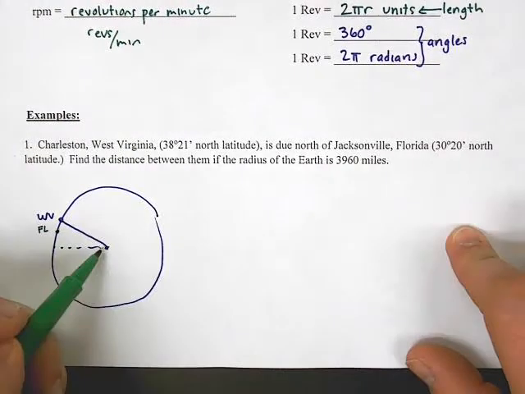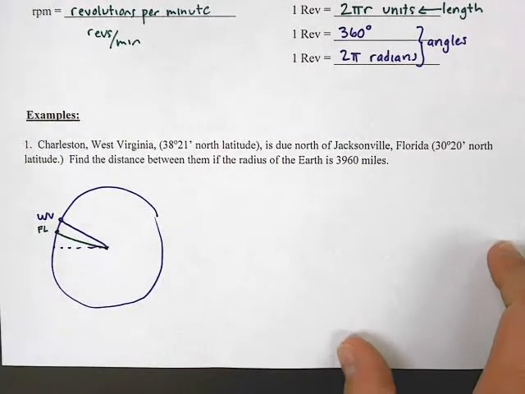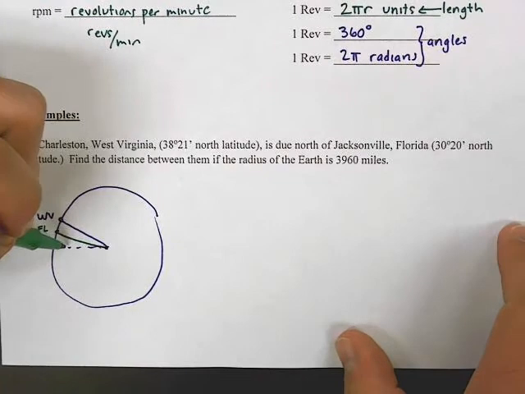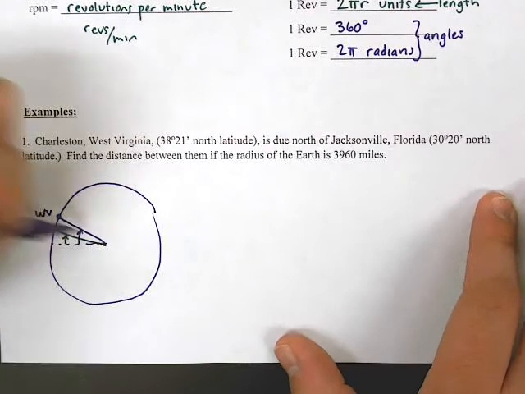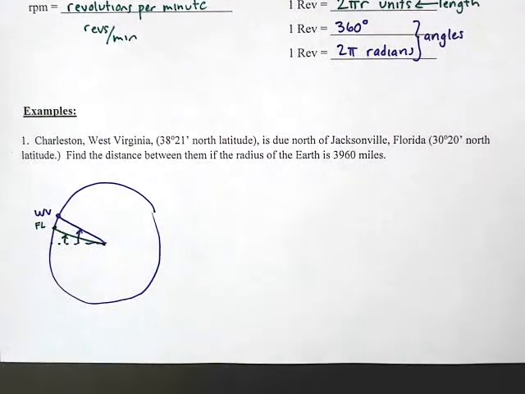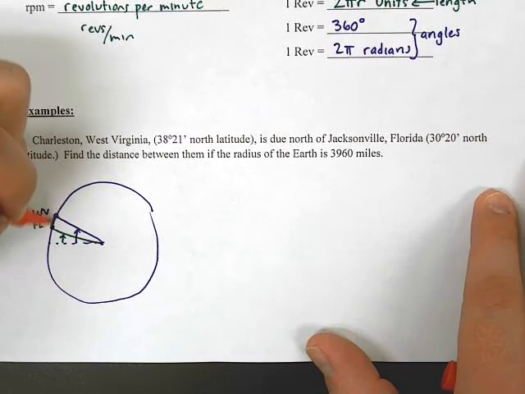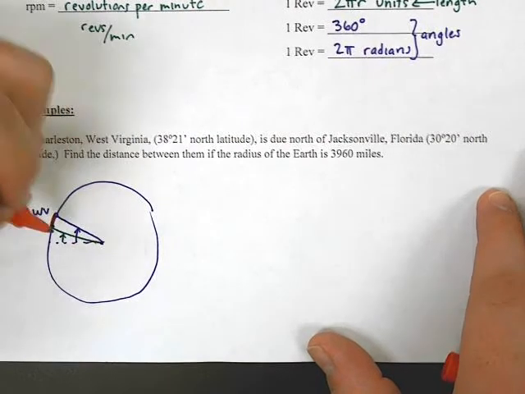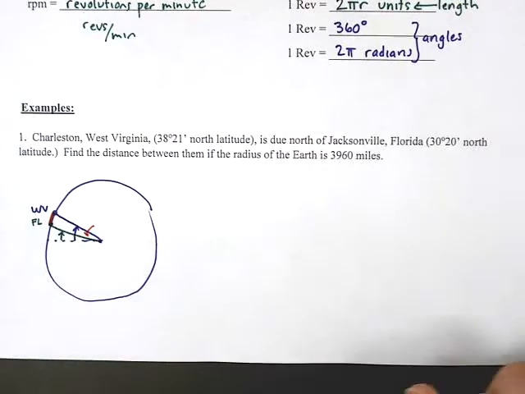Alright, so I would draw something like this. Now what we need to remember is, and I know this isn't quite to scale, this is the angle measure to Florida, this is the angle measure to West Virginia, and we want this arc length, which means we need this central angle. This is the central angle that we're looking for.